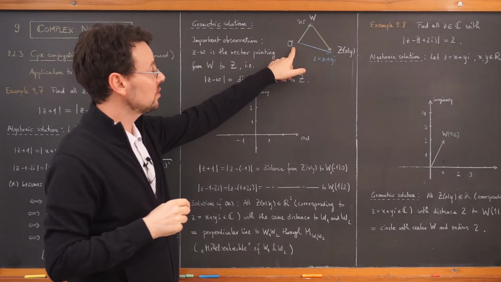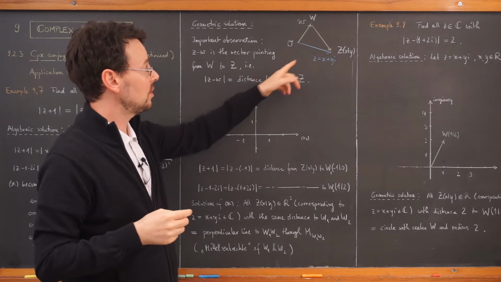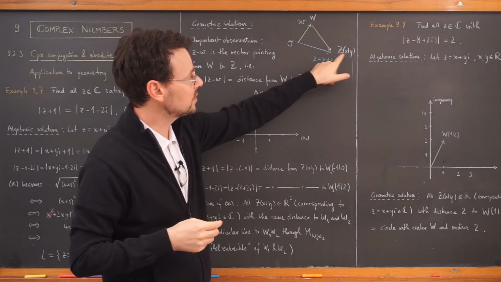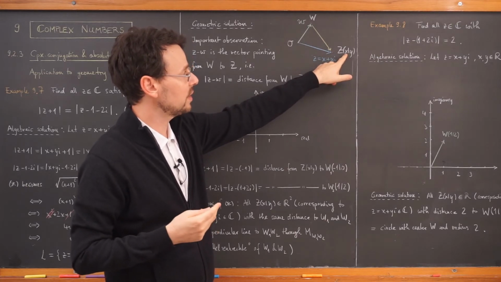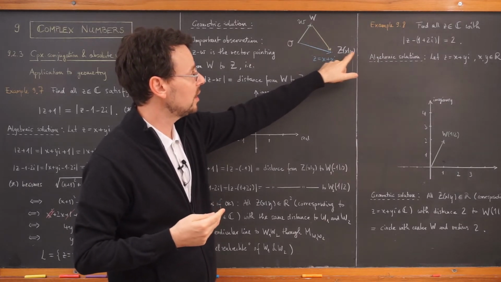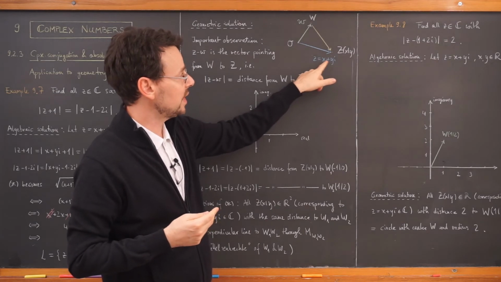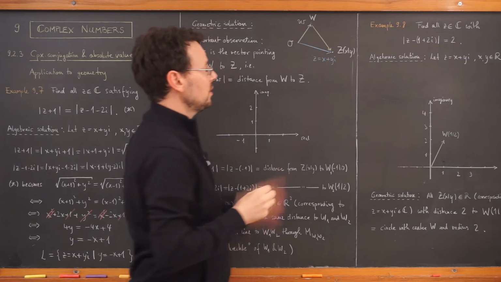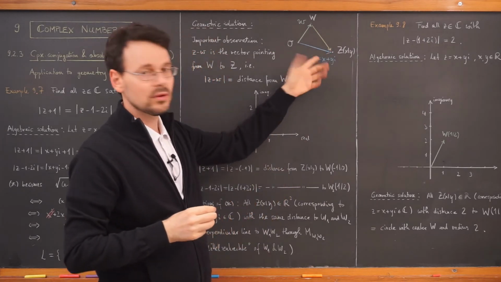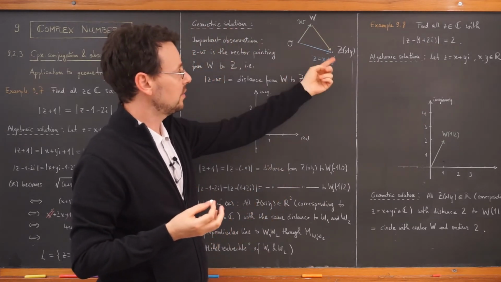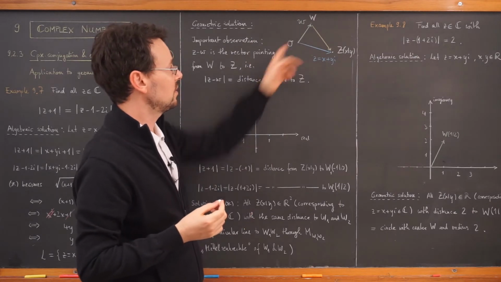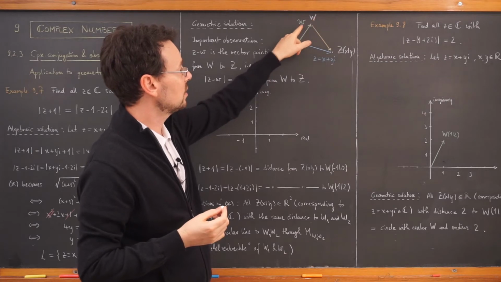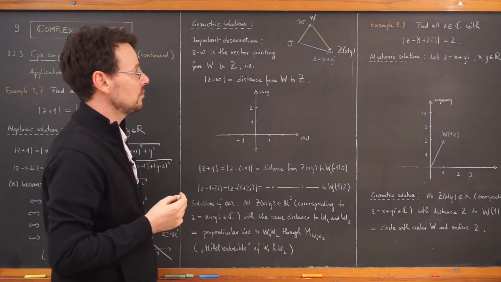If this is the origin of the Gaussian plane, the complex plane, then I can identify points in the real plane with the coordinates x, y with complex numbers x plus yi. So I identify a point with this vector, meaning complex number that is pointing to this point. In the same way, here is the point w, and associated with it comes the complex number w.